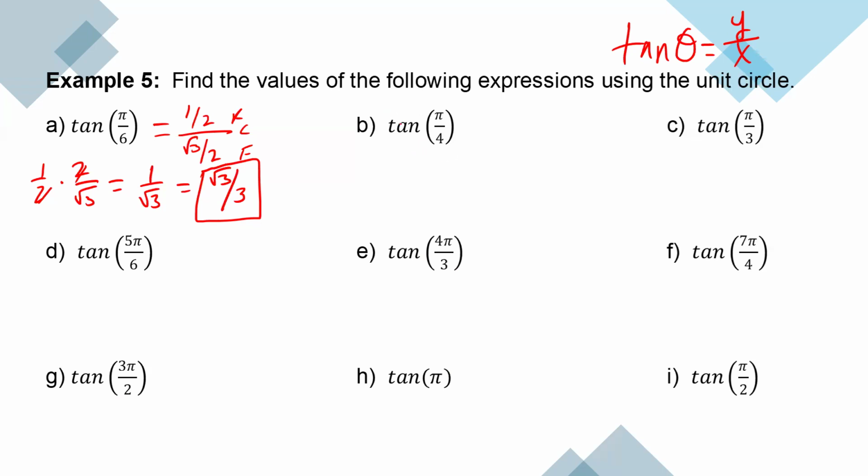Got it? So let's do this one just to verify. So at tan of pi over 4, our y coordinate was square root of 2 over 2. Our x coordinate is square root of 2 over 2. So therefore, the tangent is 1.